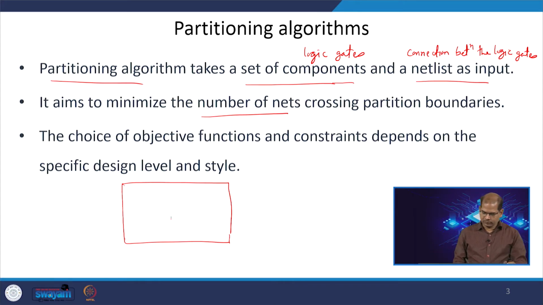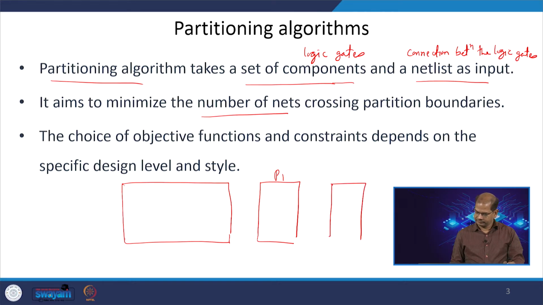I partition it into two parts, let us say P 1 and P 2, such that the number of connections between them is as minimum as possible. So, the number of nets crossing between partitions P 1 and P 2 is as minimum as possible.